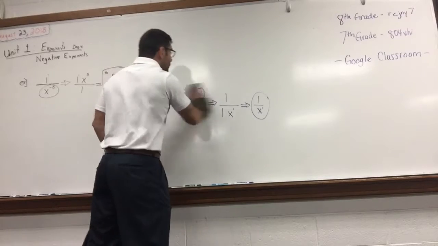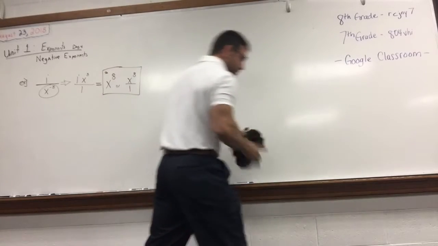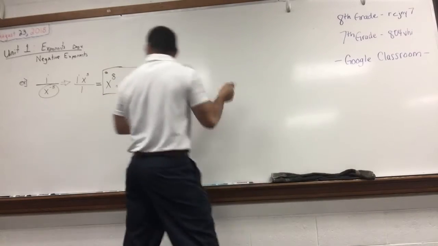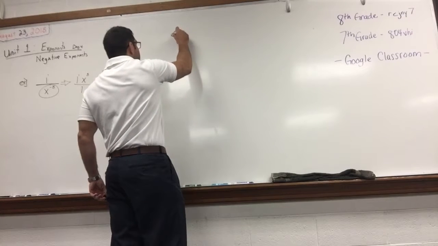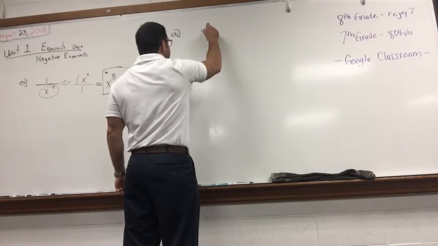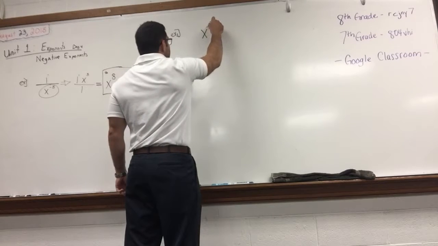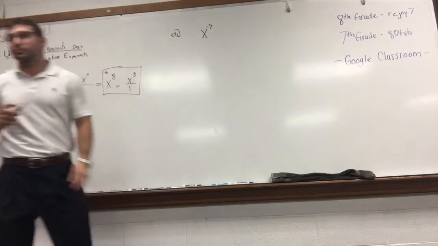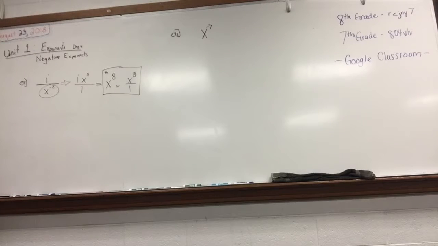So you can talk it over with the people around you, but I want you to try this one. Let's see what we got. Let's go. So here's example 3 for us. So we've got x to the negative 7.